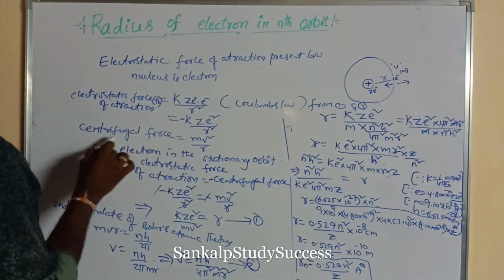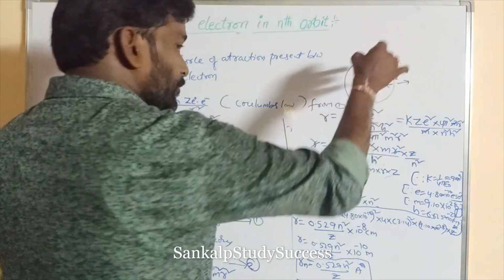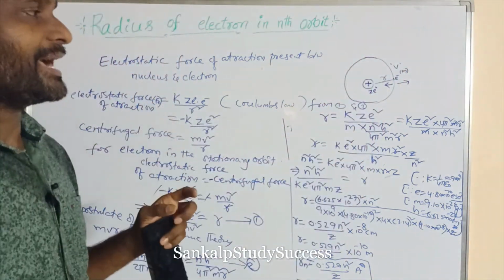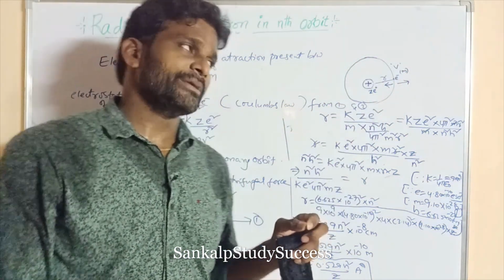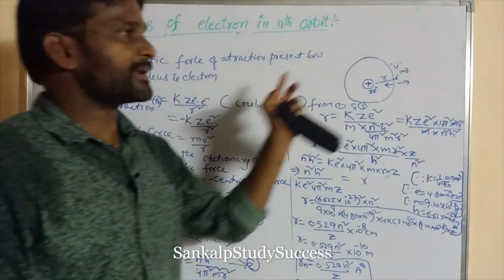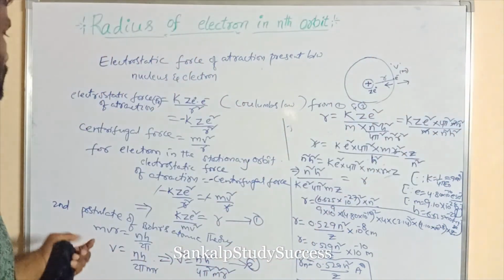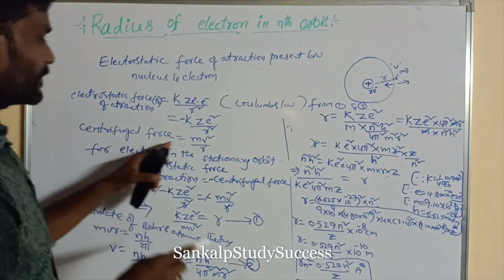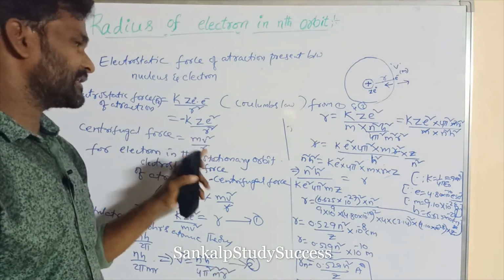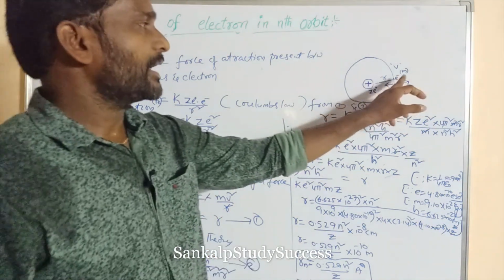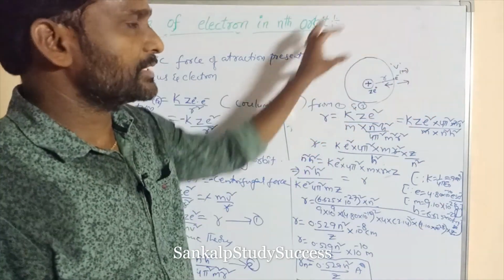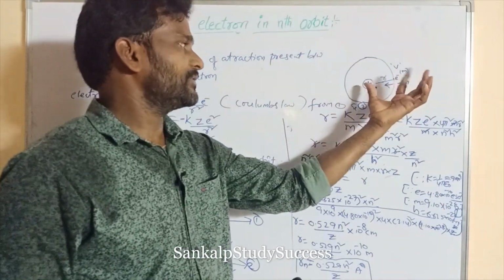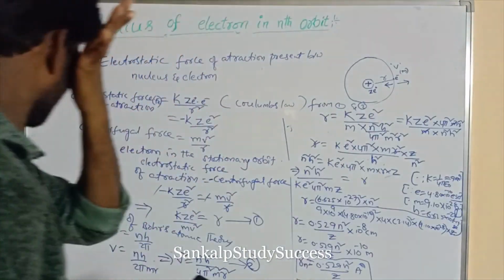Now this electron is in rotatory motion, and any rotatory body has centrifugal force, that means a force acting away from the nucleus. So the formula of centrifugal force is equal to mv square by r. Here the electron has some mass, and it is moving with some velocity in r radius, right?